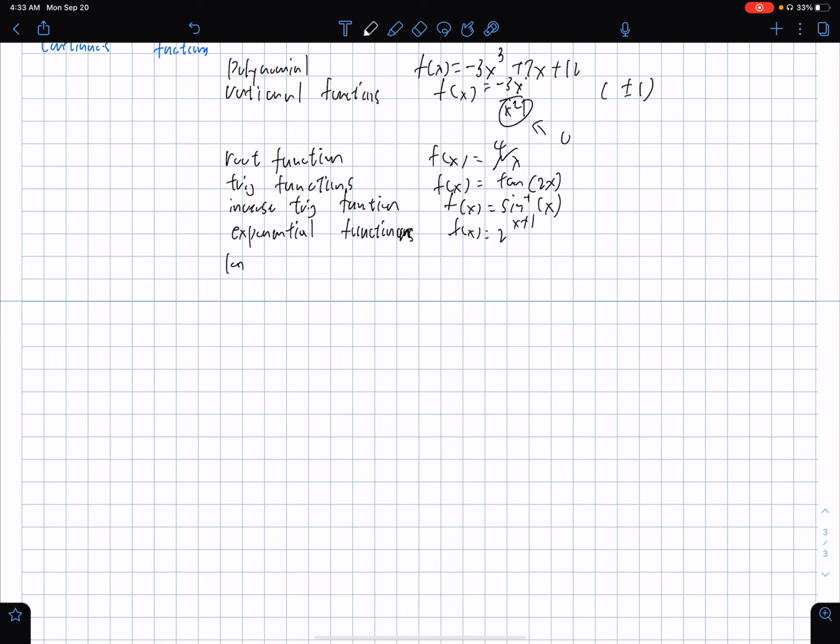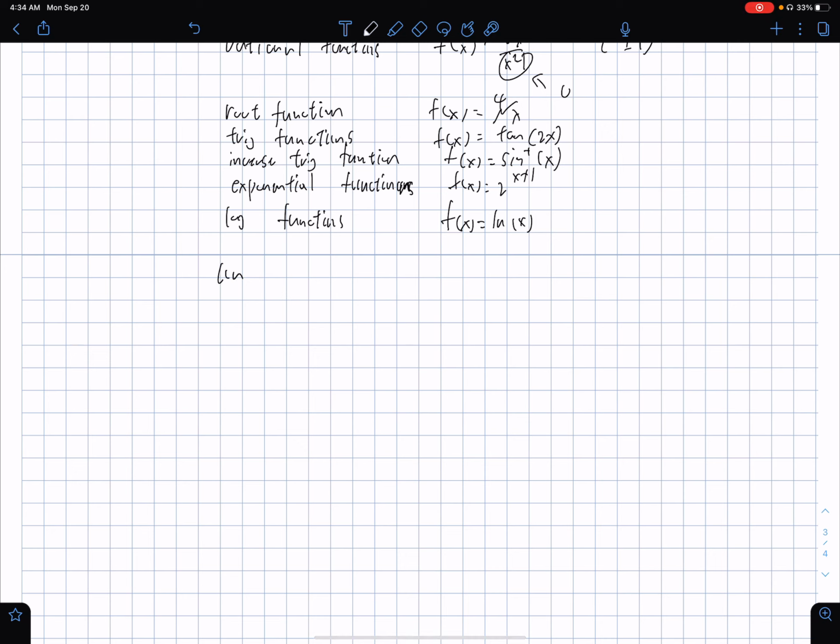And finally, log functions. Now, all these functions are continuous at every number in their domains.